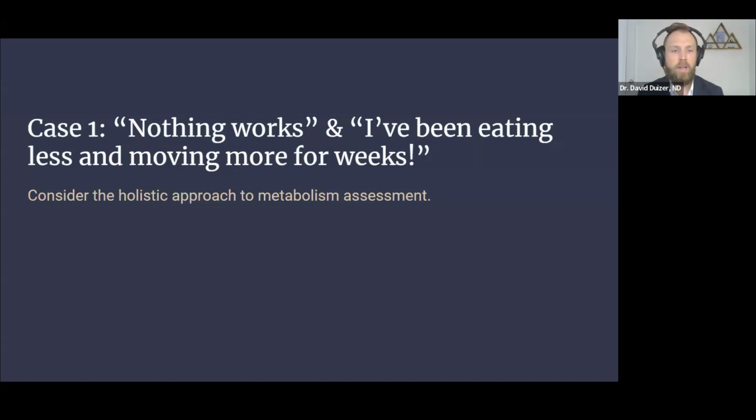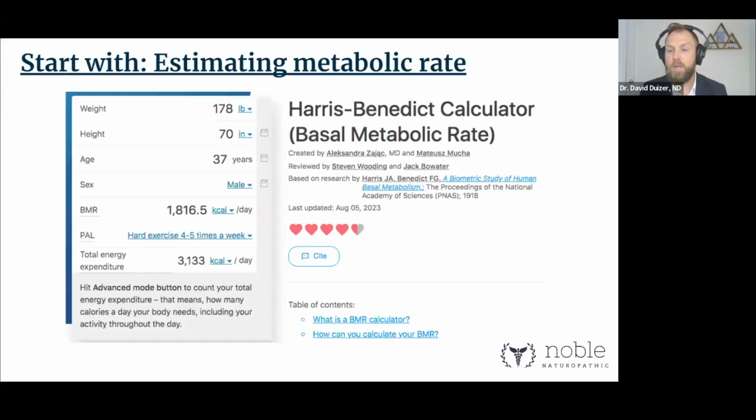And today I'm going to review what my approach is. So pretend you're not actually measuring metabolic rate. What might you do? You might find a basal metabolic rate, which is really a predicted resting rate to figure out how many calories a person would need in order to keep their organs healthy. So you'd go through the Harris-Benedict calculator. This is available online if you Google Harris-Benedict calculator. And right in the middle of the page there, you'll see BMR. That stands for basal metabolic rate.